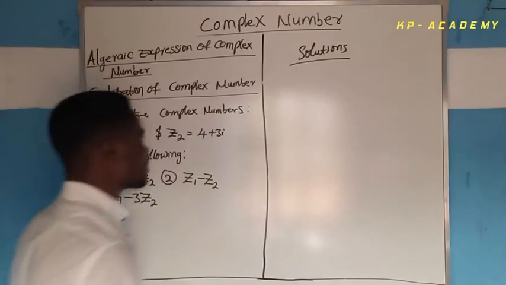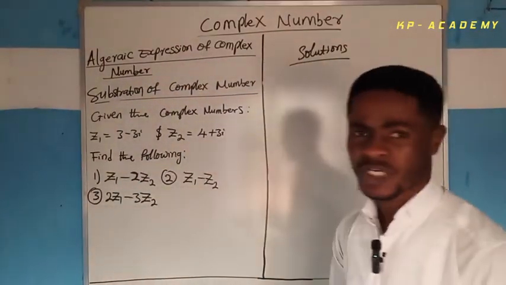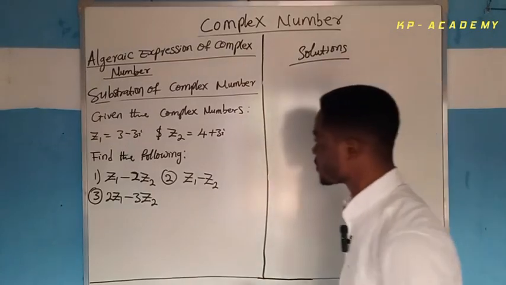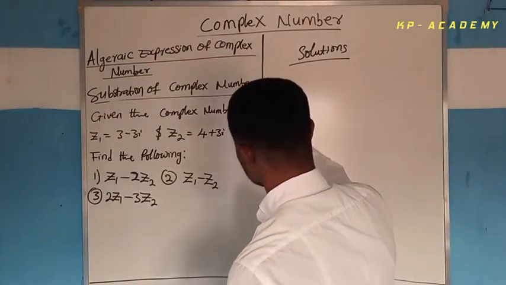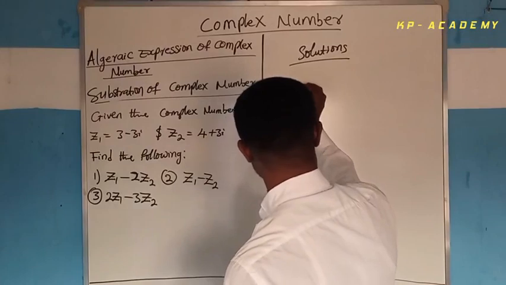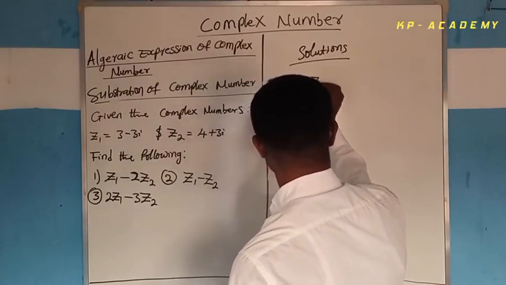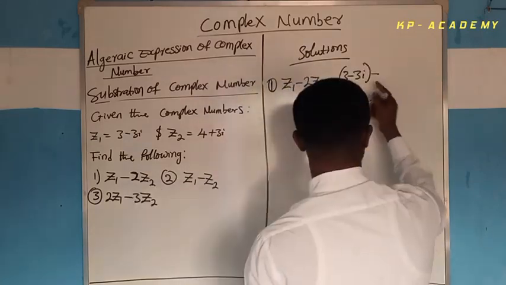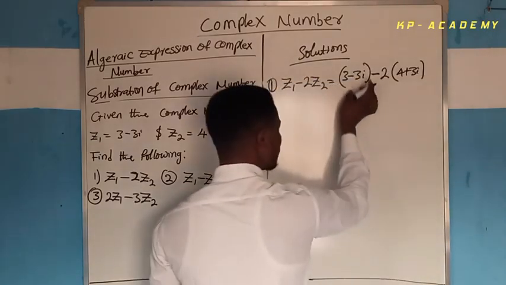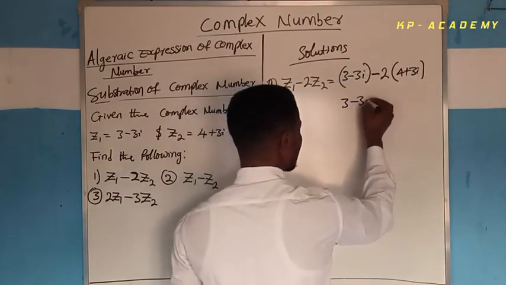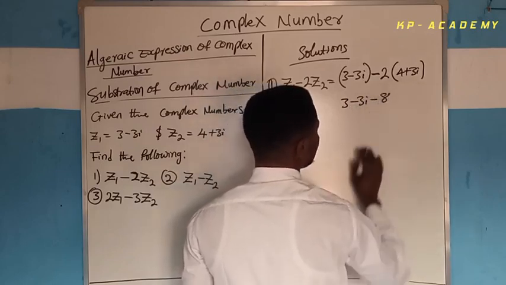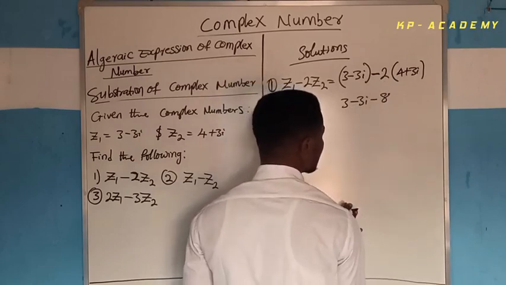The same steps we took in the case of addition, but now in the case of subtraction, there is going to be a slight modification, and I need you to pay very close attention. Number one, in the first case, we are asked to find z1 minus 2z2. It will be equal to, now put the value of z1, which is 3 minus 3i, minus 2 times 4 plus 3i. Now bring down 3 minus 3i, then minus 2 times 4 is minus 8.